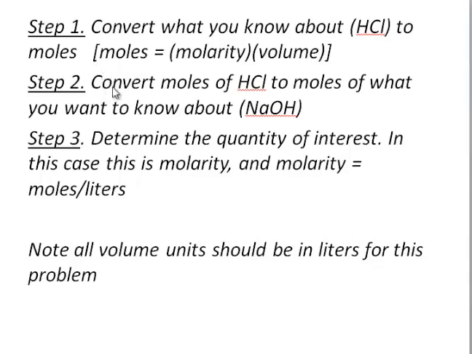That will give us moles of HCl. In step 2, we'll convert moles of HCl to moles of what we want to know about, which is sodium hydroxide. In step 3, we want to determine the quantity of interest, which in this case is molarity, and molarity is moles per liter. Note that all volume units should be in liters for this problem.